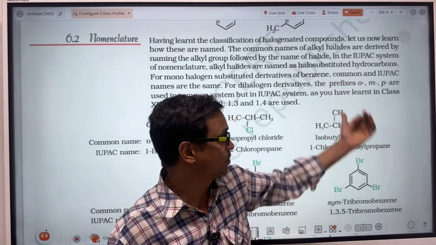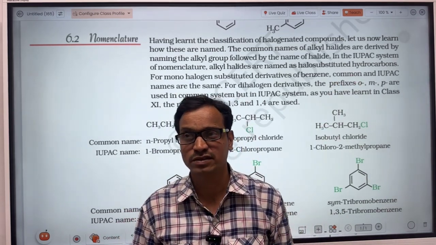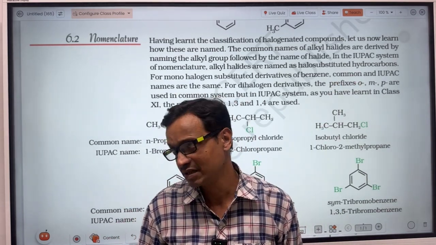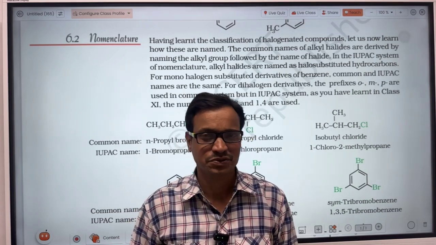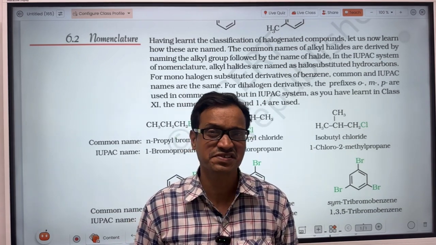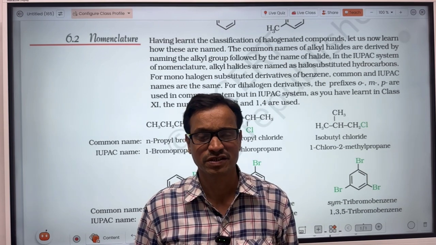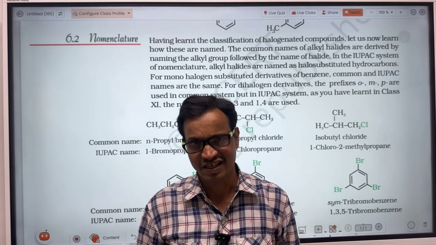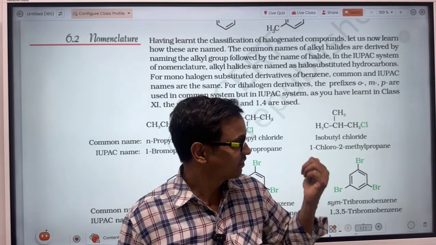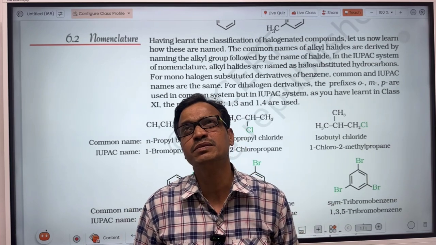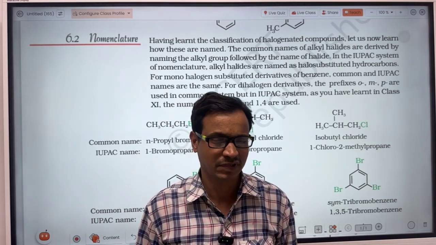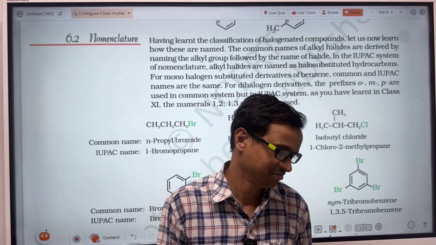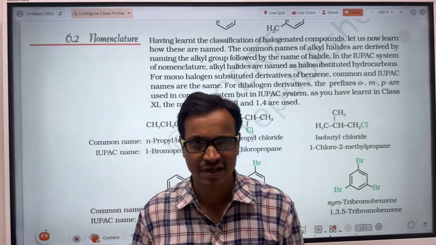So I shall tell you how to write the IUPAC name of various compounds, and when you practice a number of compounds, then you could solve the questions related to nomenclature frequently asked in IIT and NEET. For the NEET examination, nomenclature is not asked so difficult. So this is for IIT, NEET and CUET as well as for the 12th board examination.